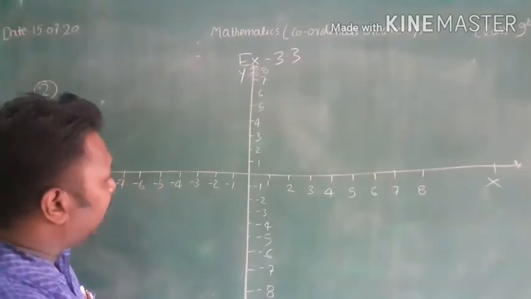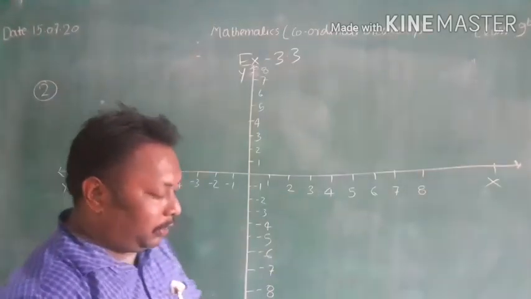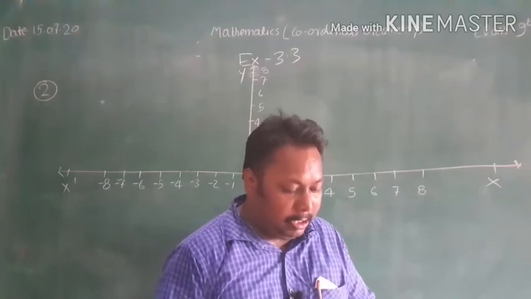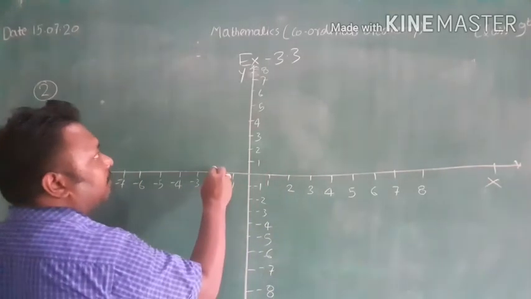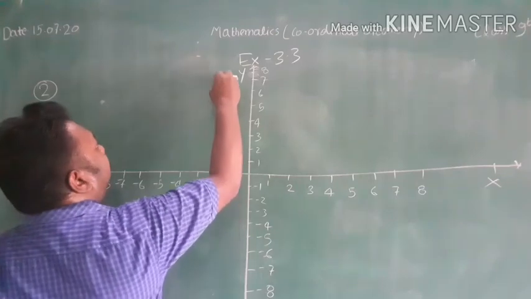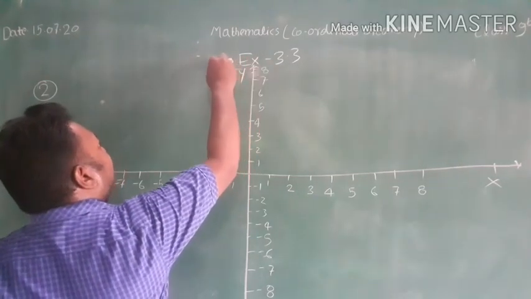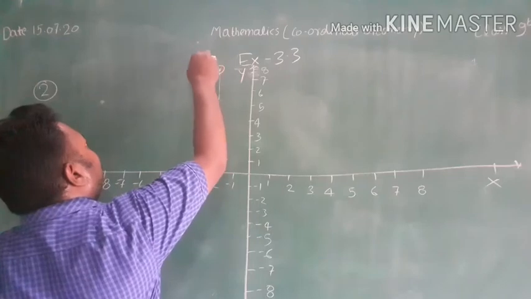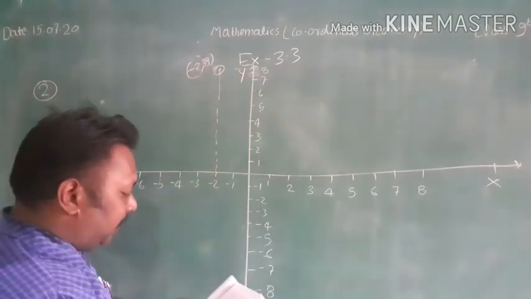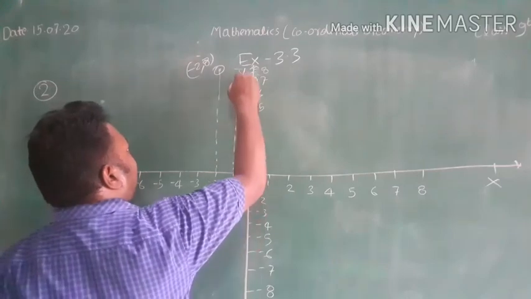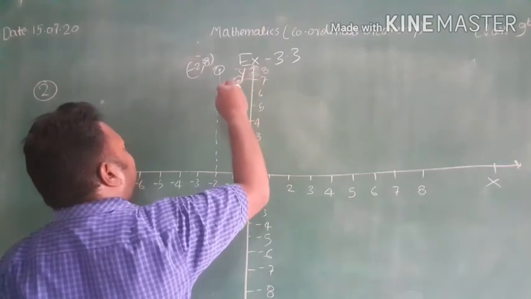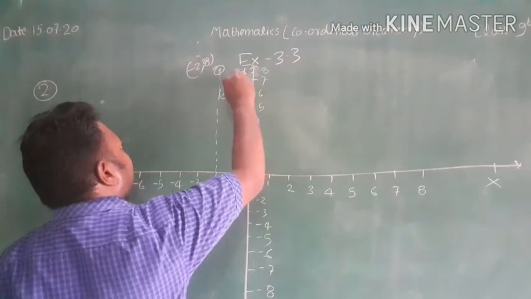First point is (-2, 8). So in question number second we plot the point (-2, 8), that is -2 and 8. So the position of that point is (-2, 8). Next point is (-1, 7). So -1 and 7, this is the position of (-1, 7).